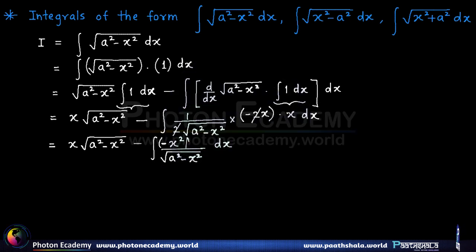Okay. Now how do we adjust the denominator in the numerator? So for that we can see that if we add and subtract a square, then we will get the desired term.